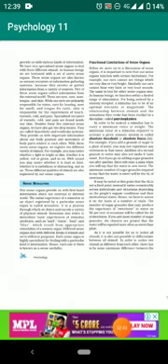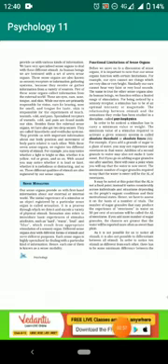The initial experience of a stimulus or an object registered by a particular sense organ is called sensation. So children, let me tell you, a stimulus is any object which is present in our external environment. It could be a pot or TV.